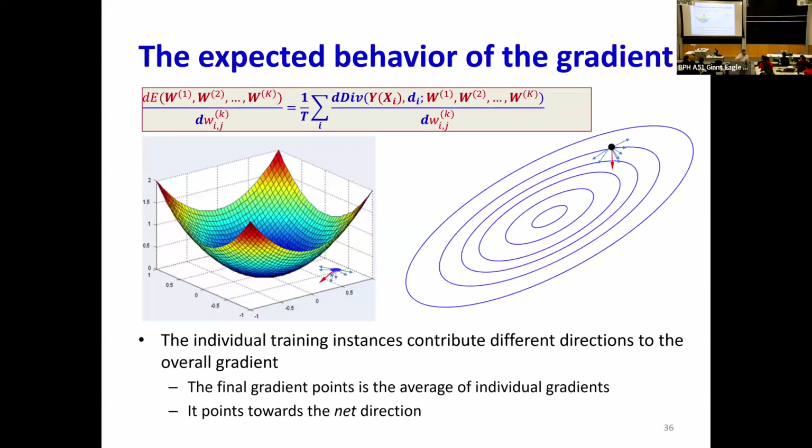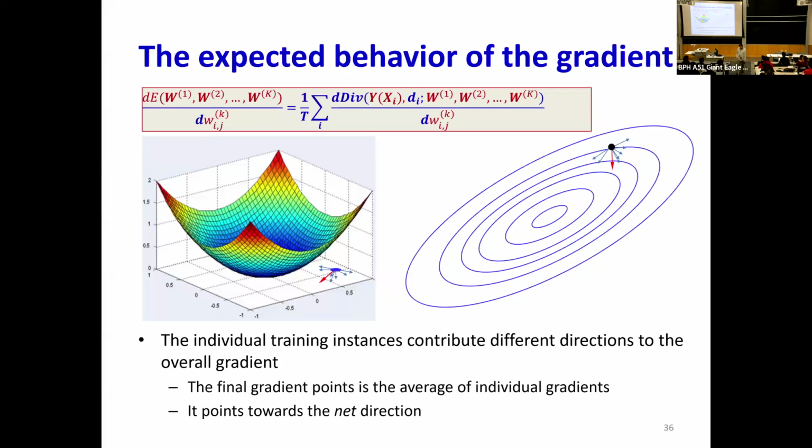If I change the parameters, the loss on that instance is going to change. What we are computing is the average of many functions. So when I compute the gradient at any point, each of the training instances is going to have a different gradient. And the actual overall gradient that you use is going to be the average of all of these gradients.